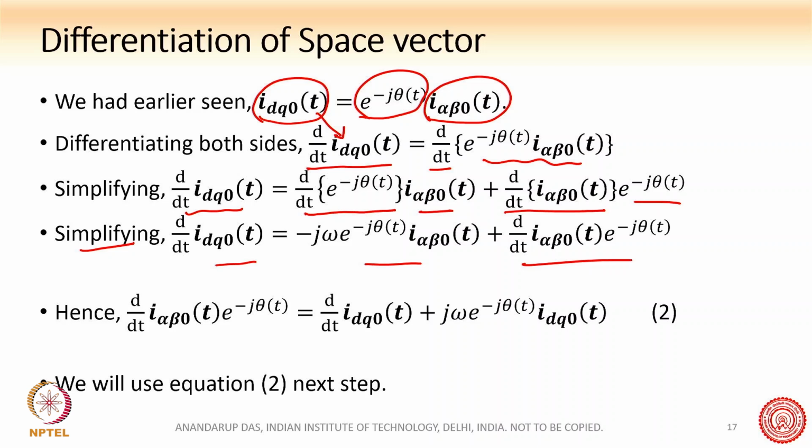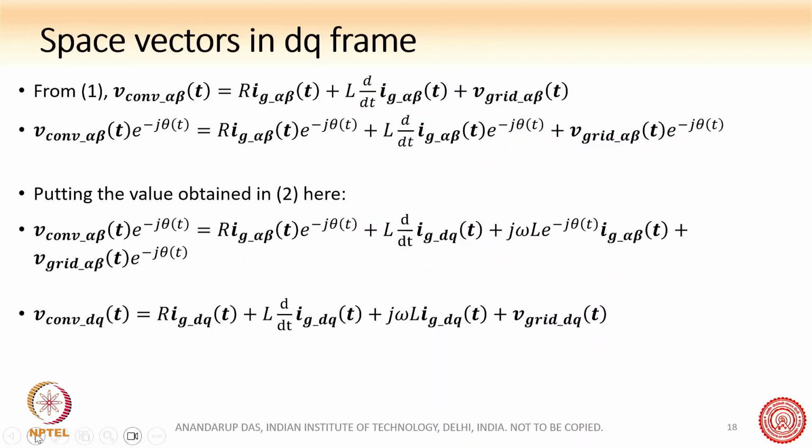We will get that d/dt of I alpha beta e to the power minus j theta is d/dt of I dq plus j omega, this factor here. So you get this equation and put it back into that space vector equation obtained before in one of the slides, and we insert this one here.